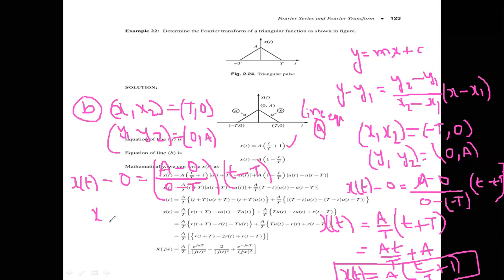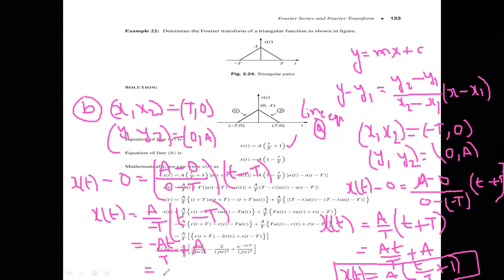So x of t is equal to a by minus T, that is capital T, and t minus T. Multiply this function, minus a t by capital T. Already minus into minus is a plus. Capital T gets cancelled.